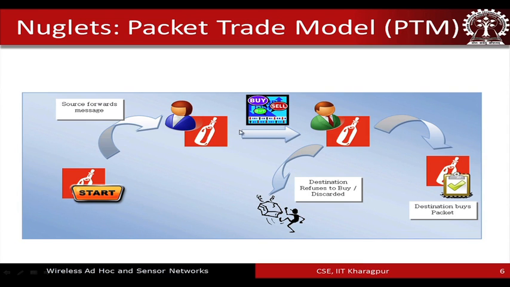So, basically in this Ptm model, what has to be ensured is that the intended next hop neighbor or the destination node has to buy the packet from the previous upstream neighbor. So, obviously in this model, if the destination node refuses to buy the packet, or an intermediate node in the chain refuses to buy the packet, then the packet is going to be discarded, it is going to be dropped.